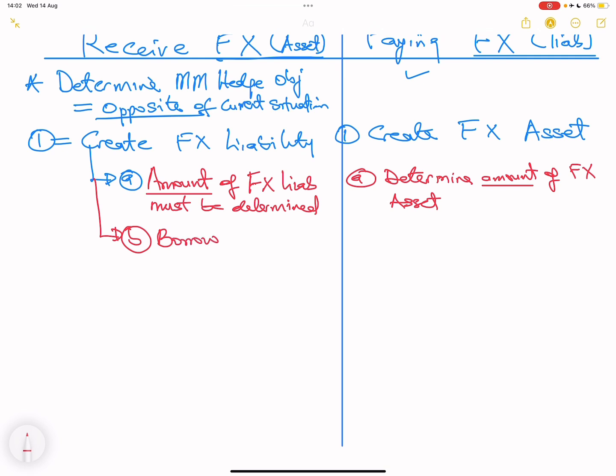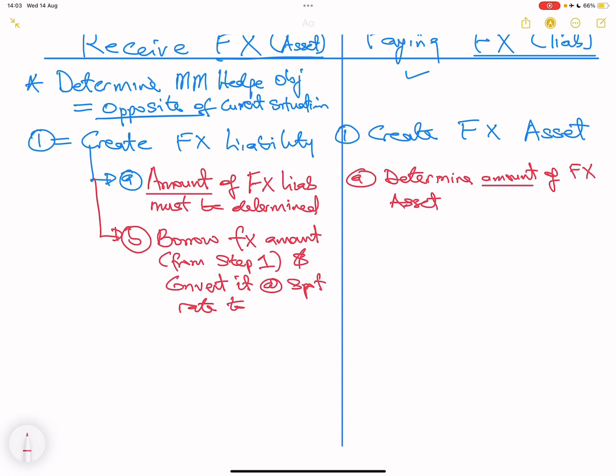So step 2 is to borrow the FX amount from step 1 and convert it immediately, so at spot rate. You see, everything is happening today, so there is no delay for the future. So we'll convert it at spot rate to local currency.